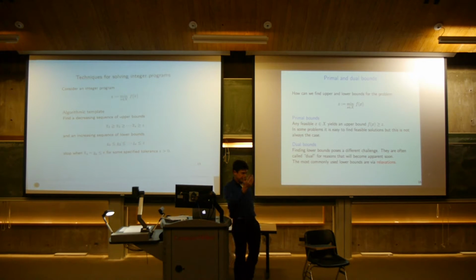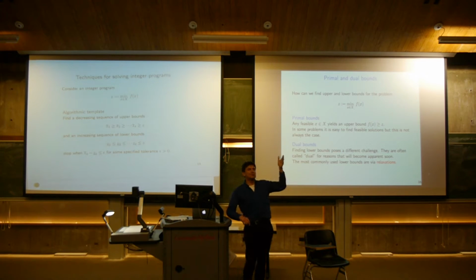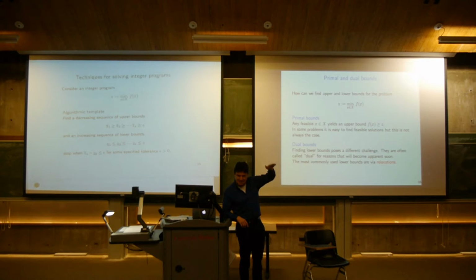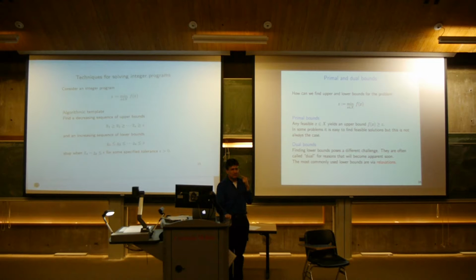If you look at some of the literature, if we are minimizing, then primal bounds correspond typically to upper bounds. Primal bounds typically are associated to feasible solutions. So if you have any feasible point, that is, if you have a point in big X, naturally that is an upper bound on your problem, because your problem is a minimization problem. So any feasible point is an upper bound.